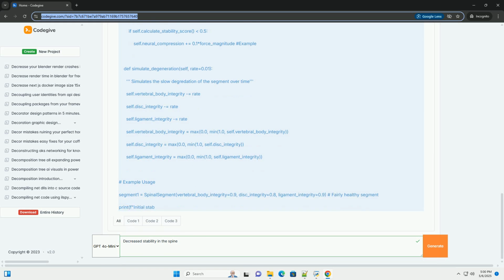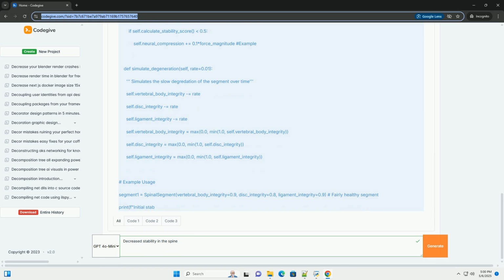In conclusion, decreased spinal stability is a serious condition that can lead to pain, neurological deficits, and disability. Diagnosis requires a careful history, physical examination, and imaging studies. Treatment options range from conservative measures like physical therapy and pain management to surgical interventions like spinal fusion.